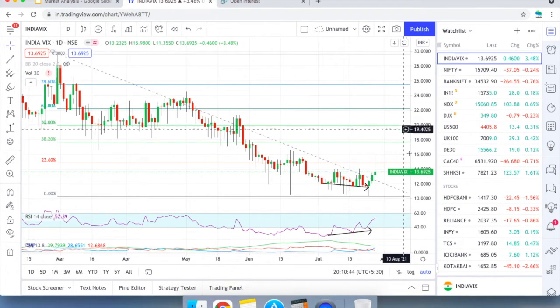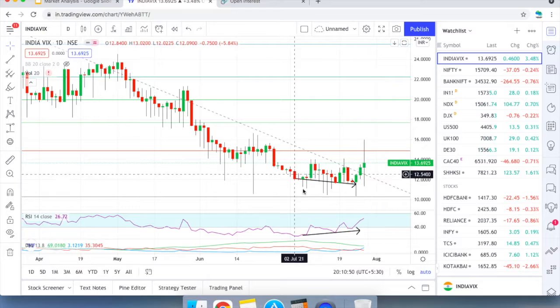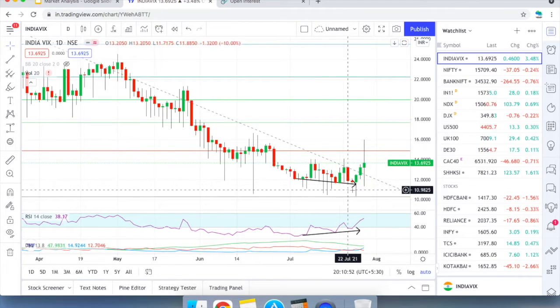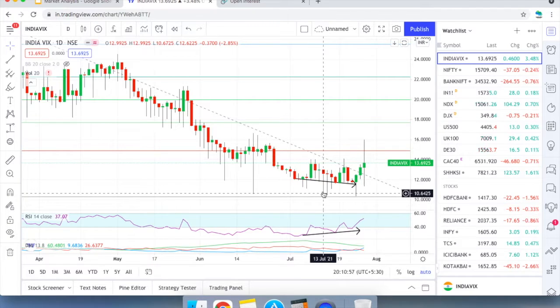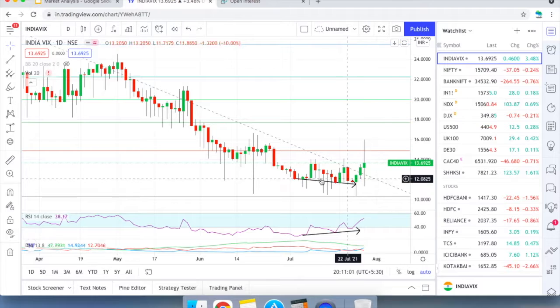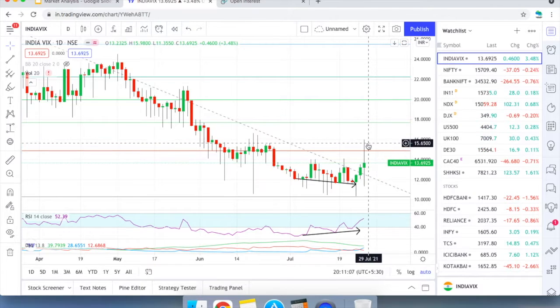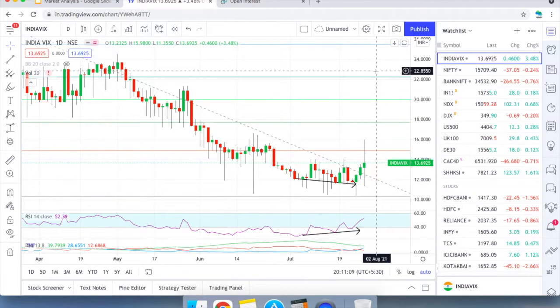Now we may go upwards, we don't know. The VIX range was consolidating for a long time, almost the full July month, between the 10, 11 and 13 range. Now finally it attempted 3 times to move up to 13, 14 levels, and finally today it shot up. So if this continues, it may move further.